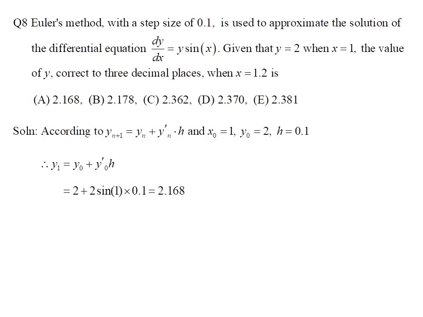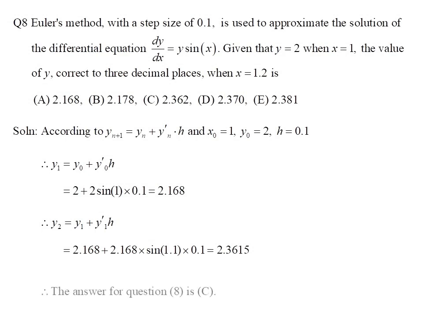The next step is to calculate y sub 2, which is y sub 1 plus y prime sub 1 times h, which equals 2.168 plus 2.168 times sine of 1.1 times 0.1, which equals 2.3615. So the answer for question 8 is C.